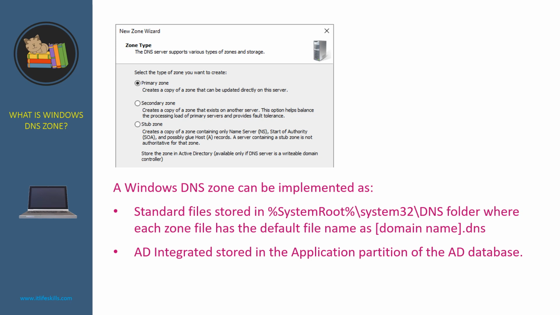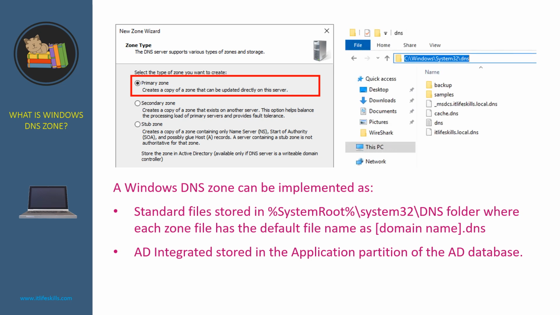For example, if we create the zone for the domain itlifeskills.local as the primary zone only, a new zone file is created in C Windows System32 DNS folder with the zone file name as itlifeskills.local.dns.